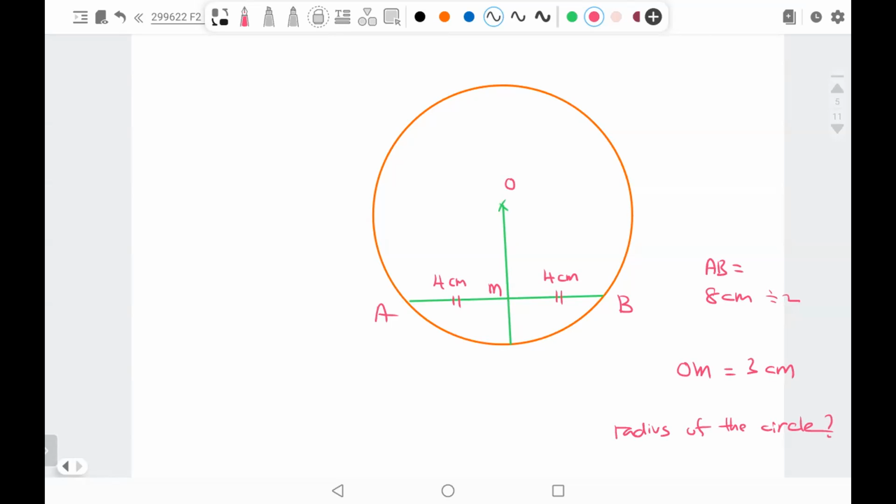Where is the radius of this circle? Is it O to M? No, right? OM is 3 cm. We want to find the radius.